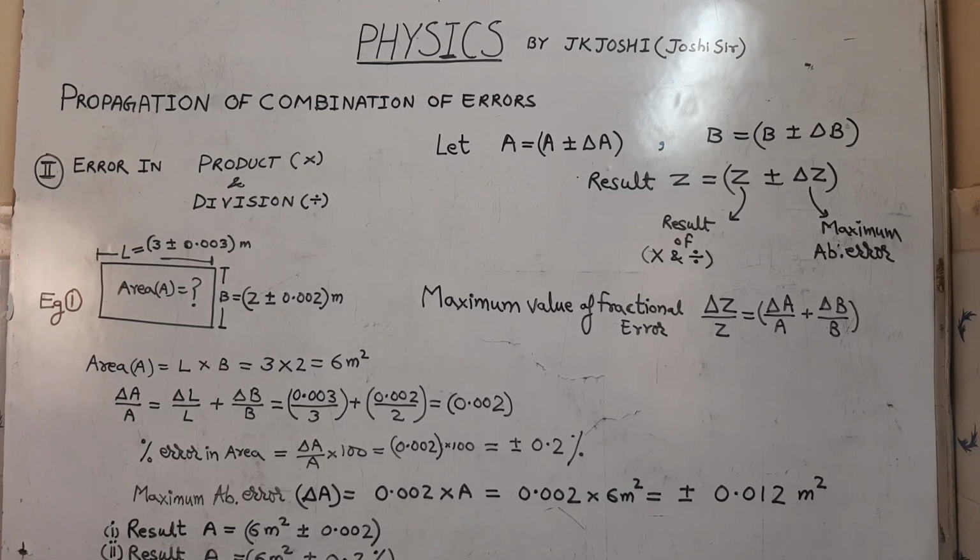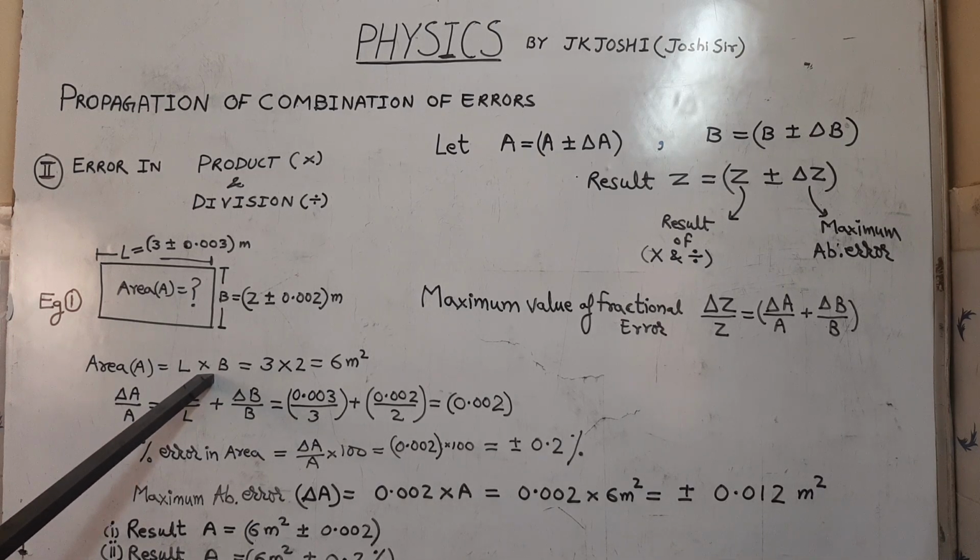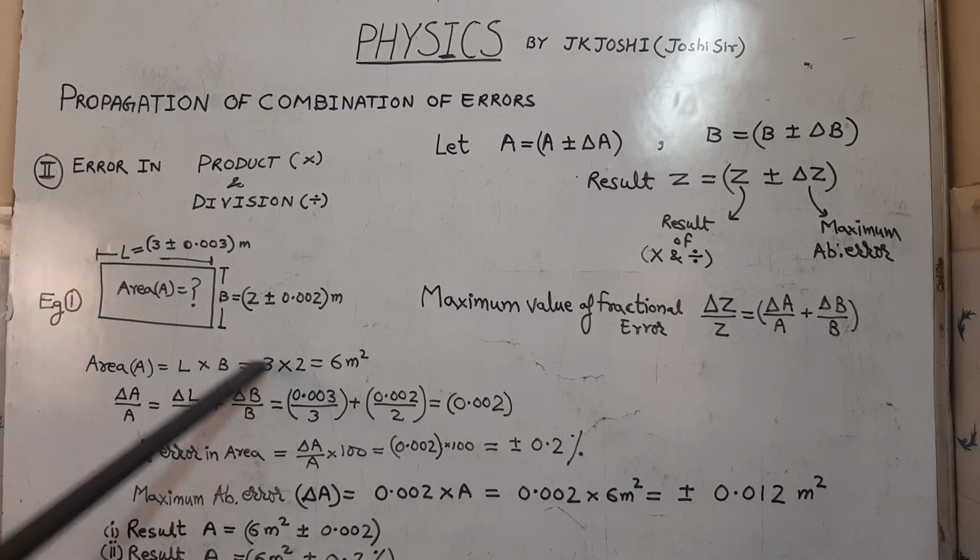We have an example, that is example number 1. In case length and breadth of a rectangular surface is given to you and we have to calculate area. So area is simply calculated by multiplying length and breadth, that is 3 multiplied by 2.